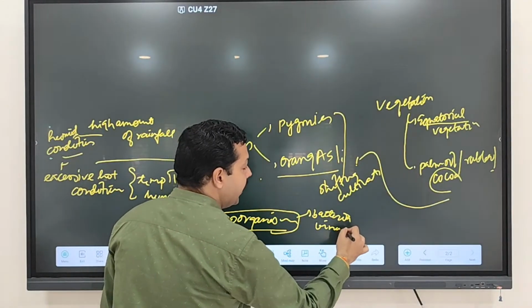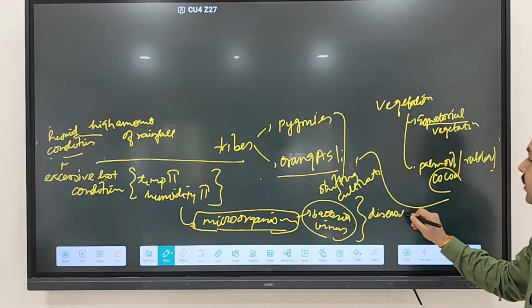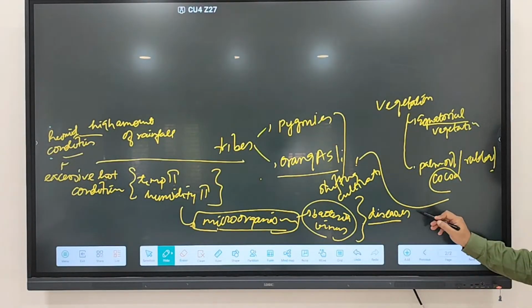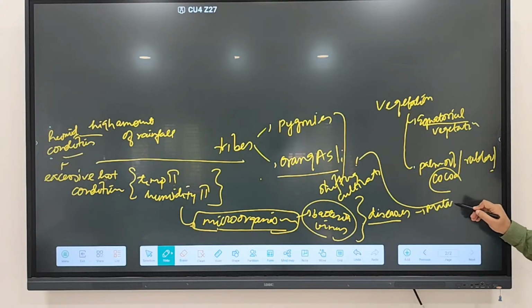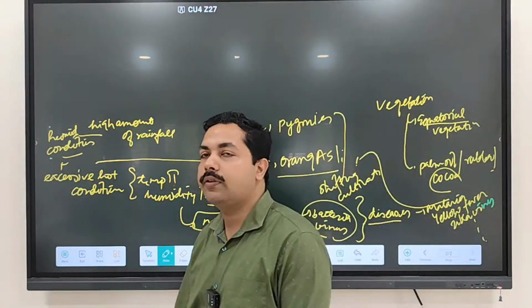That's why you'll find many types of diseases occurring in this particular region, like malaria, yellow fever, Zika virus, a lot of viruses prevalent in this region. Clear?